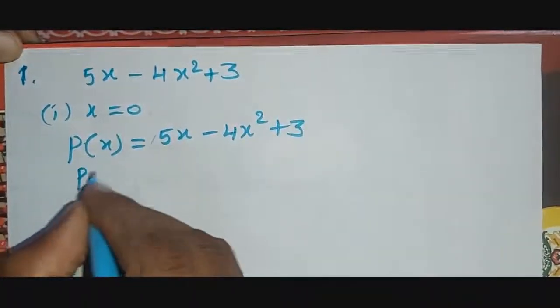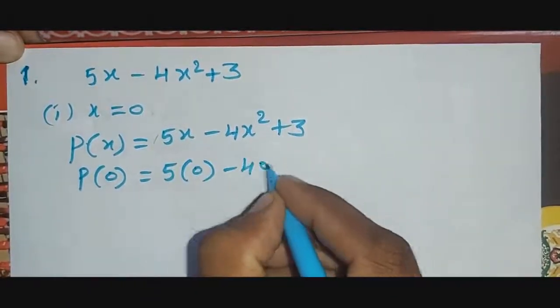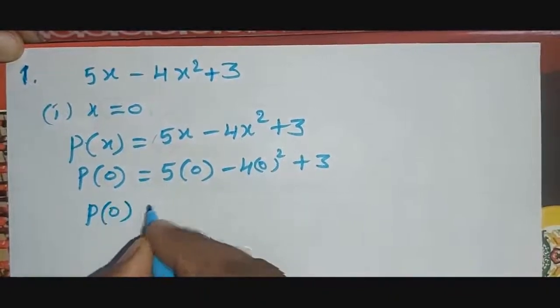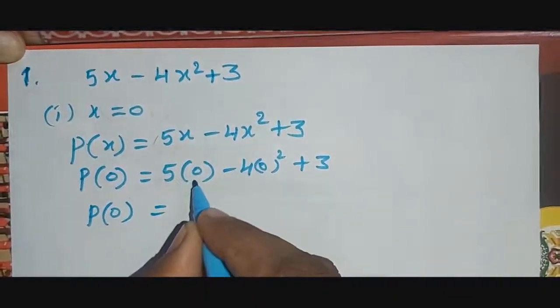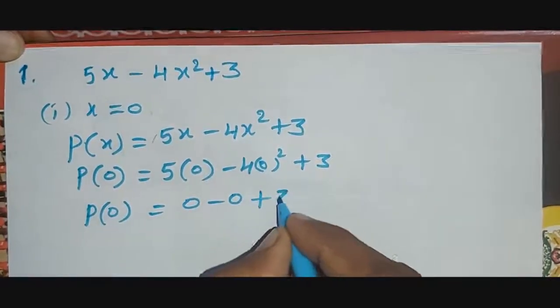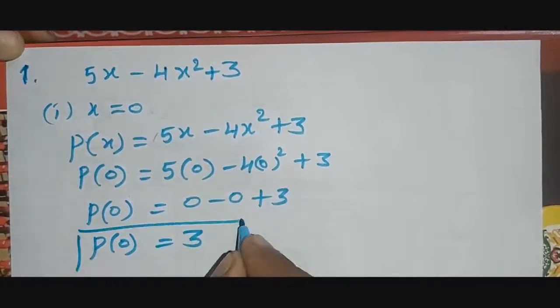If x is equal to 0, p of 0 is equal to 5 into 0 minus 4 into 0 square plus 3. This is 0 and this is also 0, plus 3. Therefore, p of 0 is equal to 3.